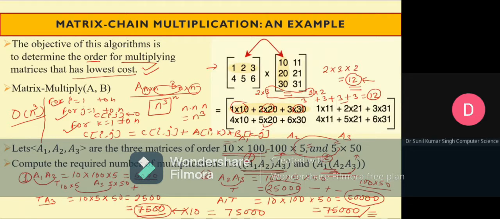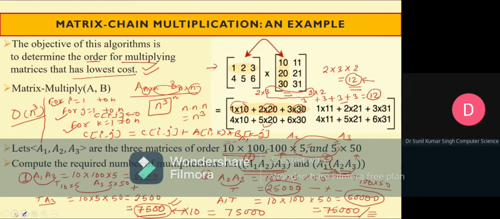So in this particular example, if we multiply a1 and a2, and then multiply the resultant matrix T with a3, then it is 10 times better than the second scenario. So this is the overall objective of matrix chain multiplication. I hope it is clear.